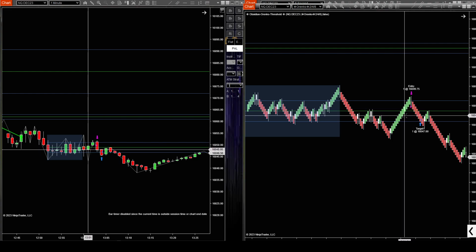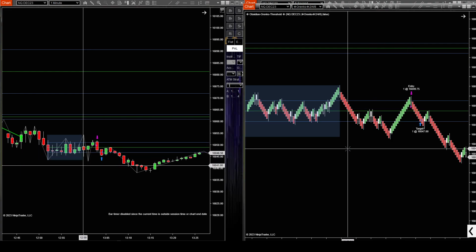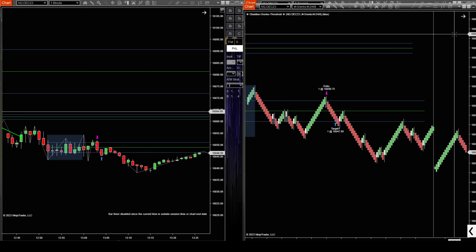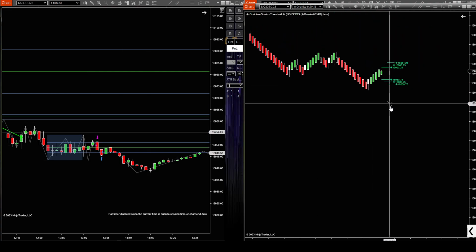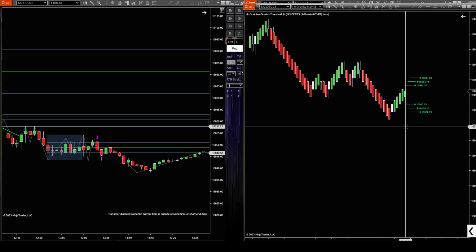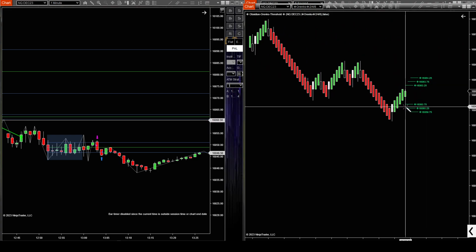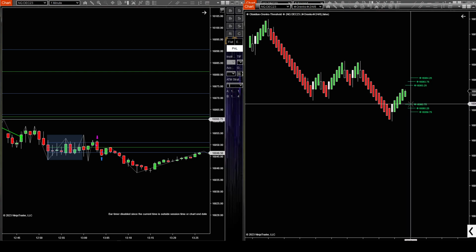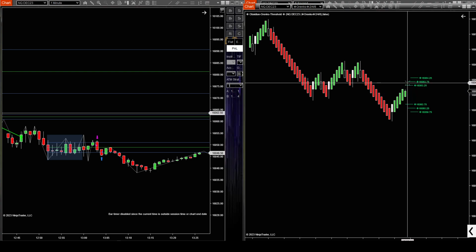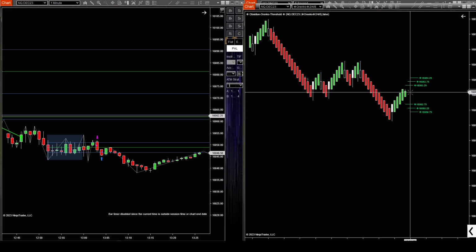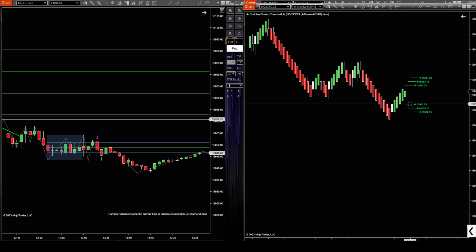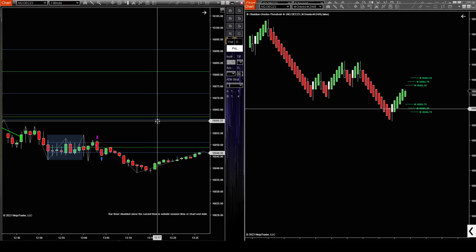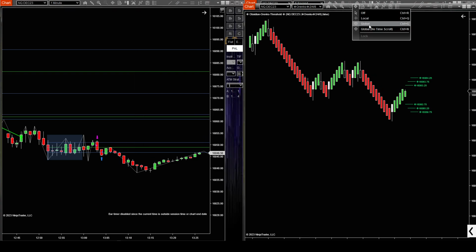As the bars go up, I just keep trailing it up. Right here, I'd have my sell limit here. And if it keeps pushing up, this threshold will just keep trailing up and I keep putting it right there.